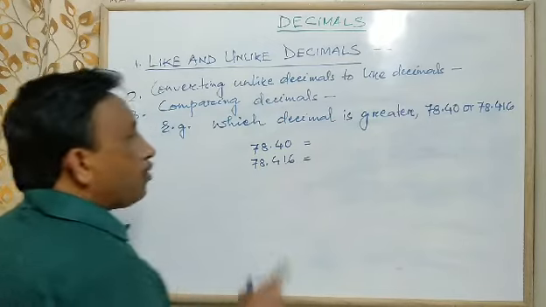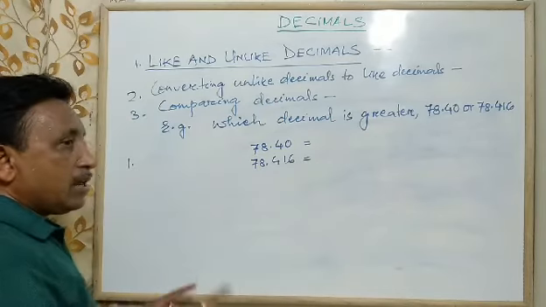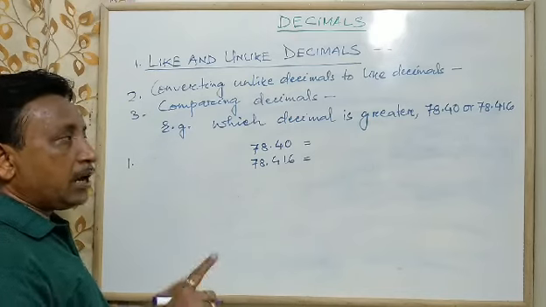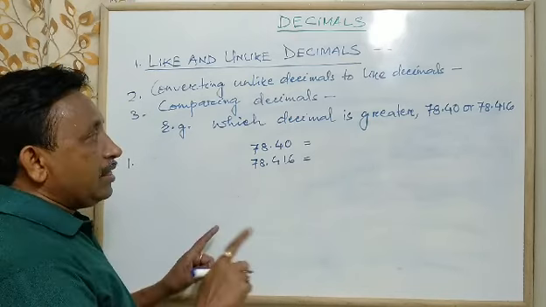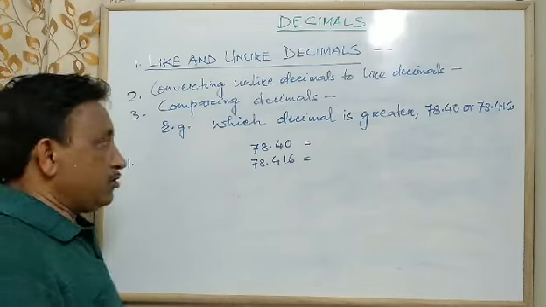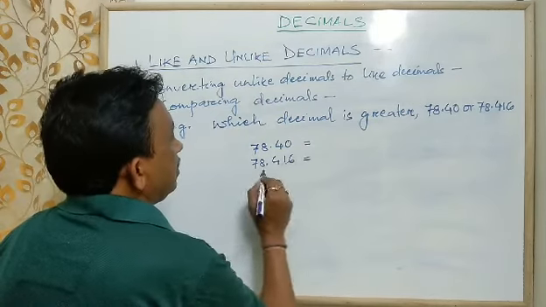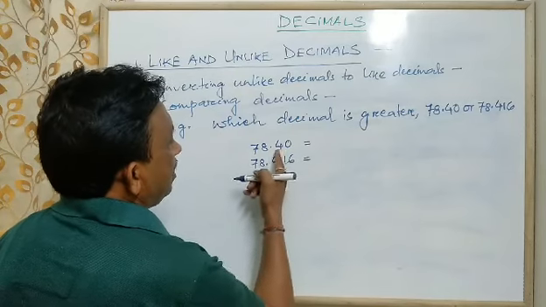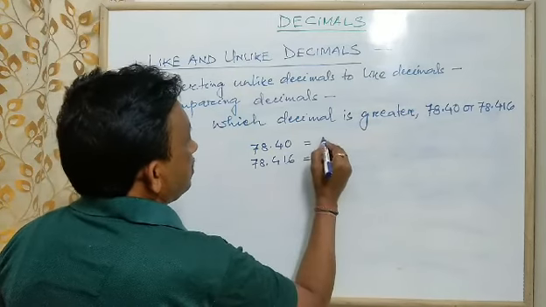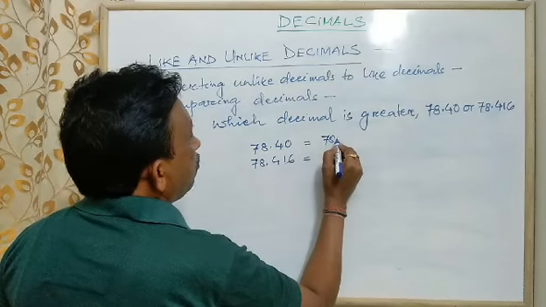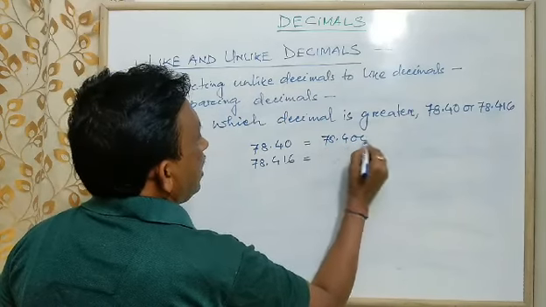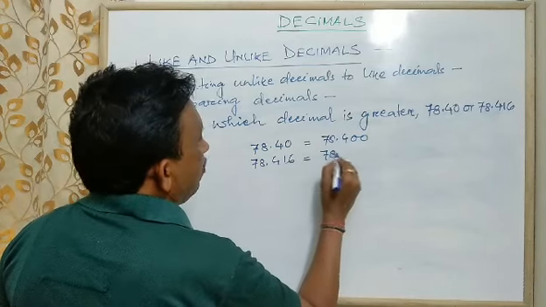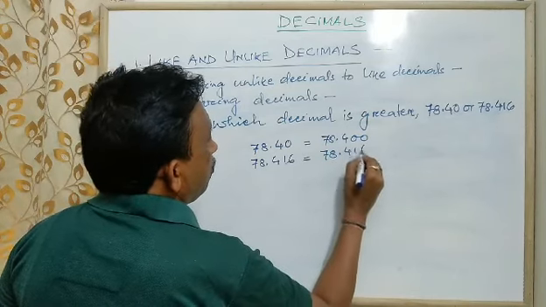We have to convert them into like decimals. We can compare decimals only when they are in like form, similar to fractions. We can compare fractions only when they are like fractions. The same method. Now see 78.40. Here there are 3 decimal places, here there are only 2 decimal places. So 78.40 I can write as 78.400, and 78.416 remains as 78.416.